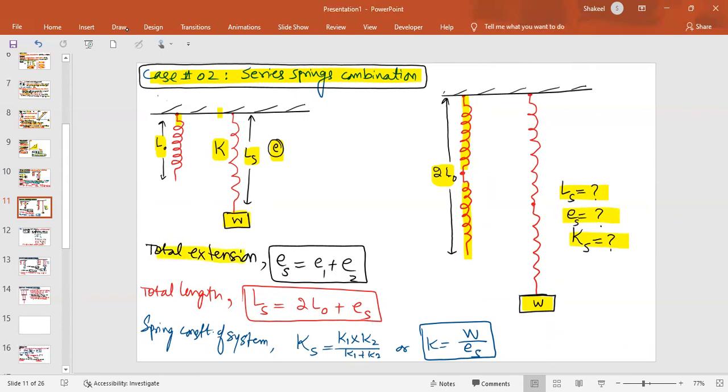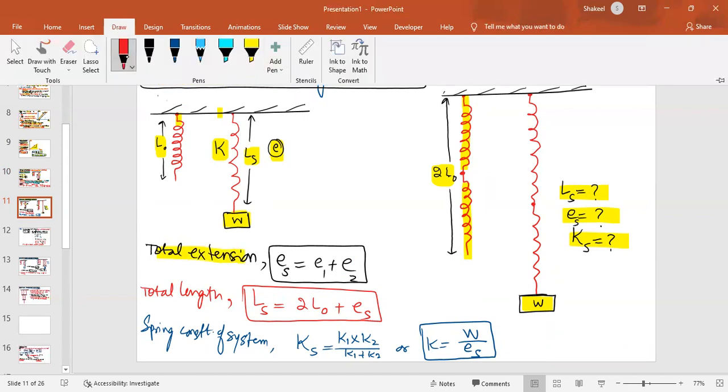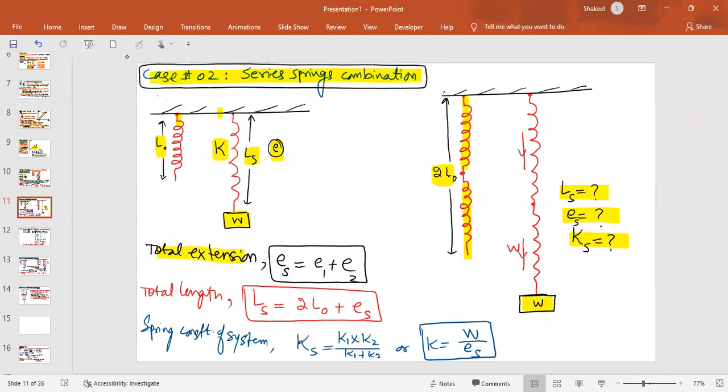For the total extension, we have to see that this weight W is exerted on this spring as well as on this one. As in the single spring, where the weight W produces extension E, in the top spring the extension is E and in the bottom spring the extension is E. Why?